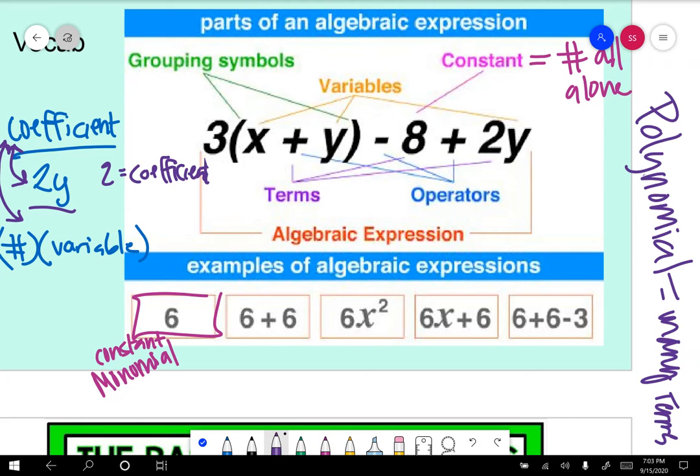Okay. 6 plus 6. Both 6s here would both be considered constants because they're all by themselves. Since there's two of them and they're separated by an addition sign, we would call it a binomial.